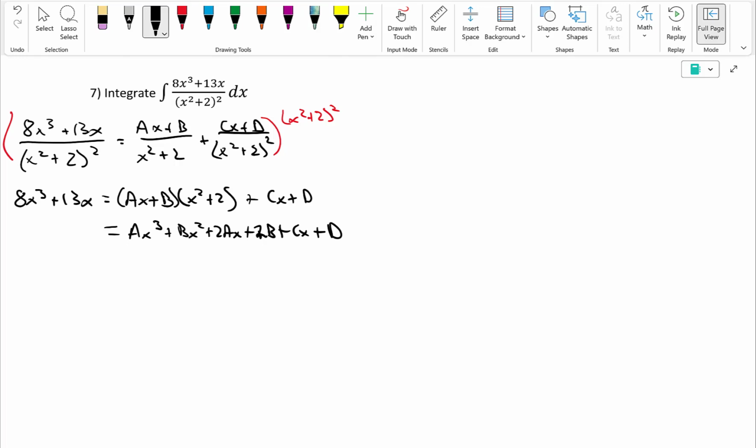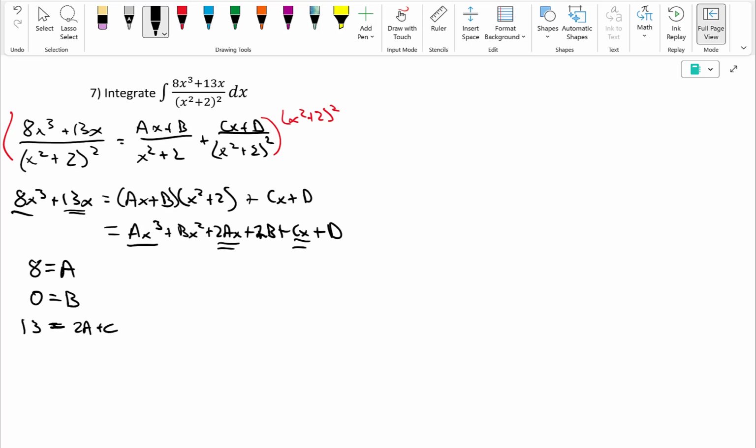And so right away with just the x cubed, we've got that a equals 8. Because there's no quadratic on the left, we get 0 equals b. For our linear term, 13 is going to be equal to 2a + c.